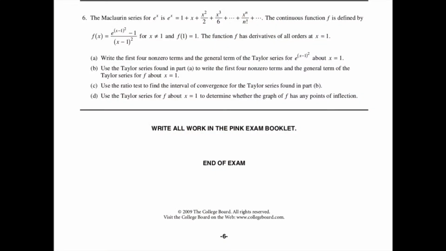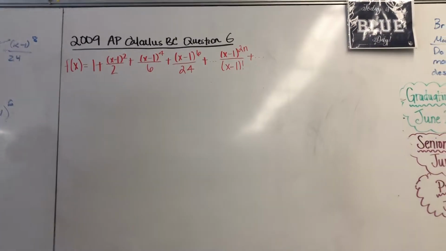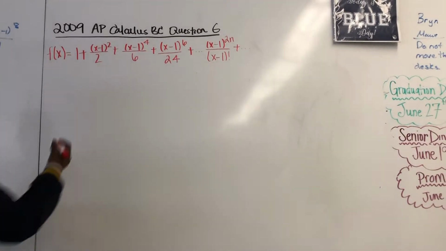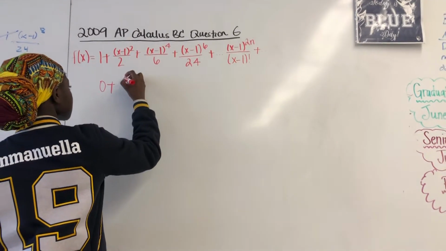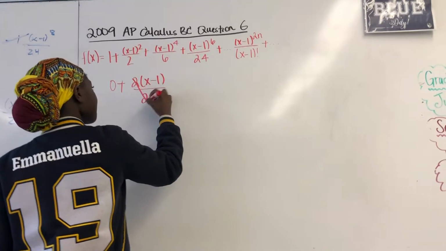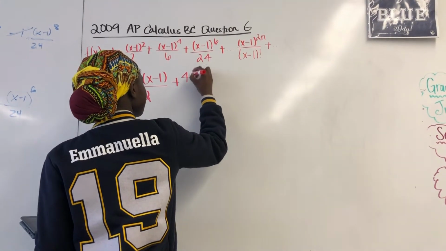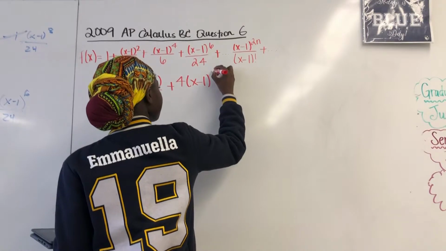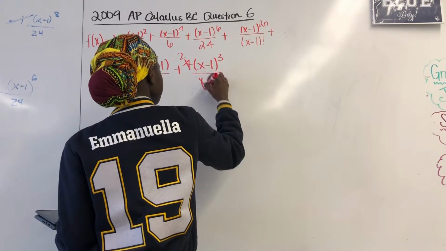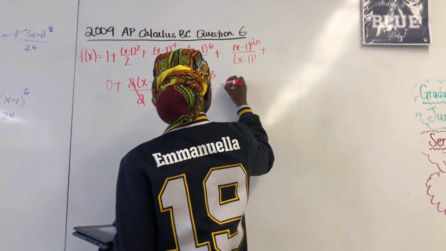Part D asks us to use the Taylor series for f about x equals 1 to determine whether the graph of f has any points of inflection. In order to solve this question, you have to find f double prime of x. f double prime of x equals 0 plus 2 times (x minus 1) over 2 plus 4 times (x minus 1) to the third power over 6.